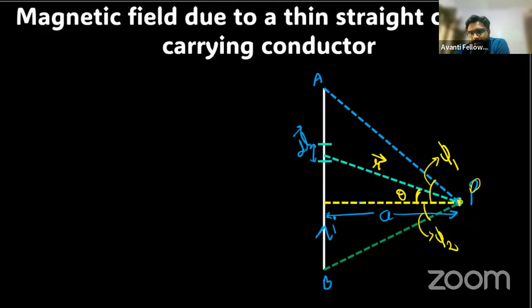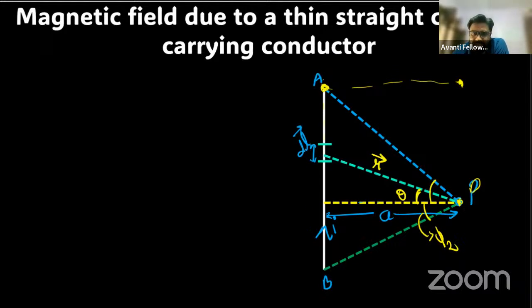Upper and lower limit, what is it? Look, this point P can go up to this. If you make this dotted line, what is the angle? So the maximum angle this point P can sustain, because we are not considering an infinite wire, we have considered a finite wire. So this dL vector can go up to point A, it cannot go beyond that.